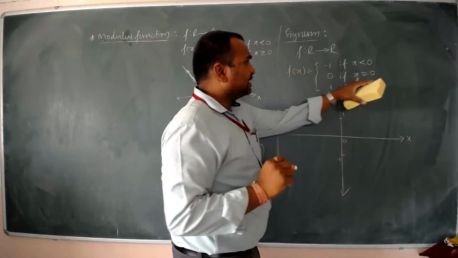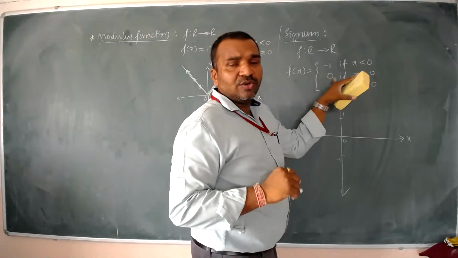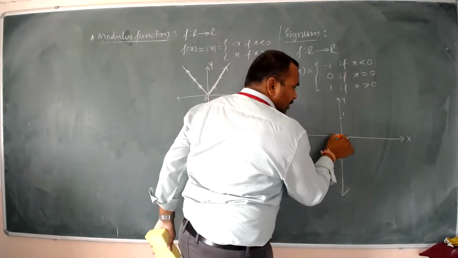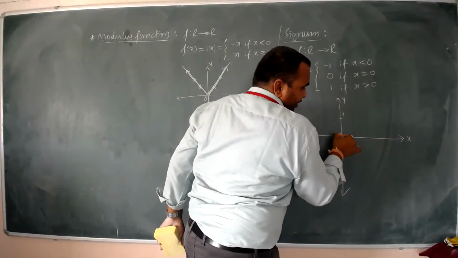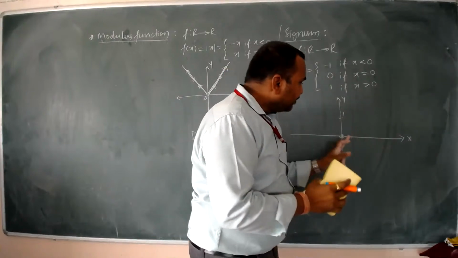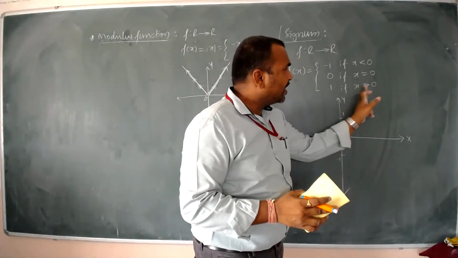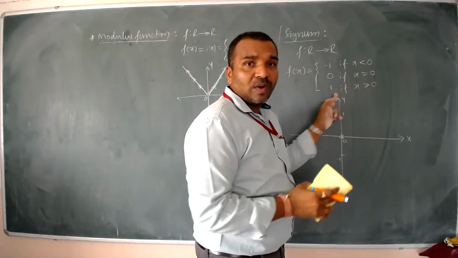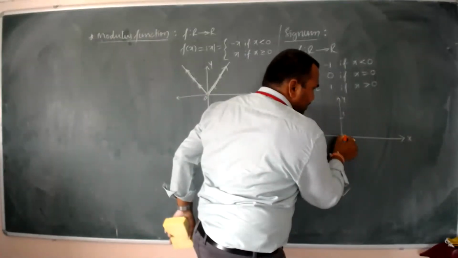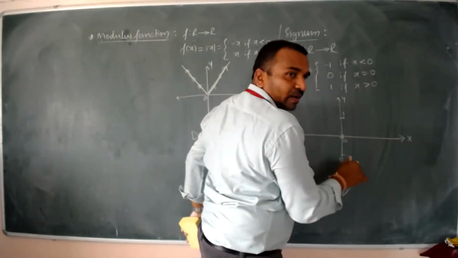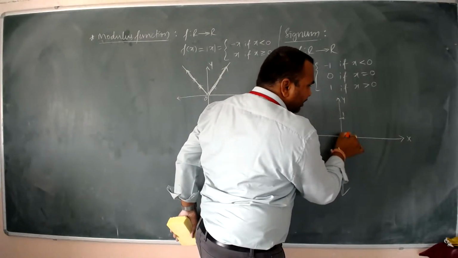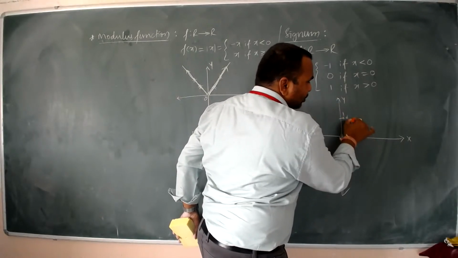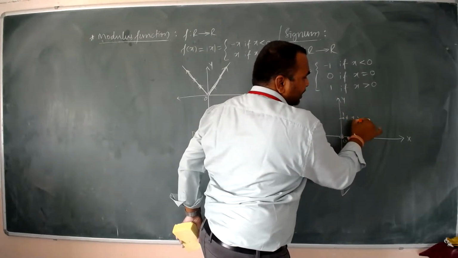At x equal to 0, what is the function value? 0. So the point is 0, 0. If the x value is 0.1, meaning more than 0, what is the answer? 1. For x value 1, the answer is 1. For x value 2, the answer is 1. For x value 3, the answer is 1.